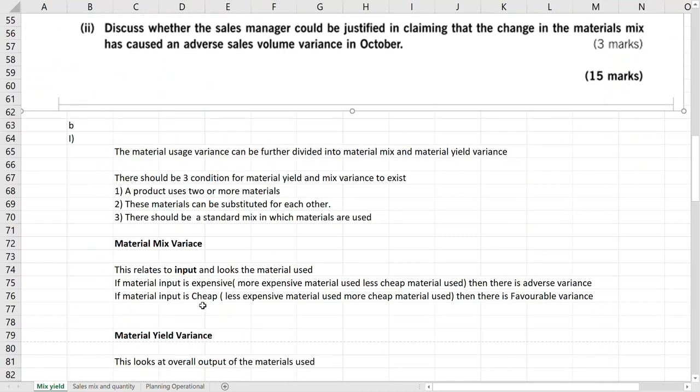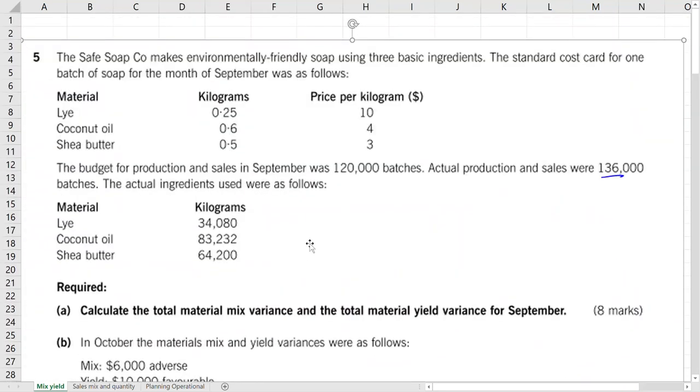If material input is cheap, what does cheap mean? Less expensive material is used, more cheap material is used. Then there is a favorable variance. Now in this example, if I use more of this material or this material, then my variance would be favorable.